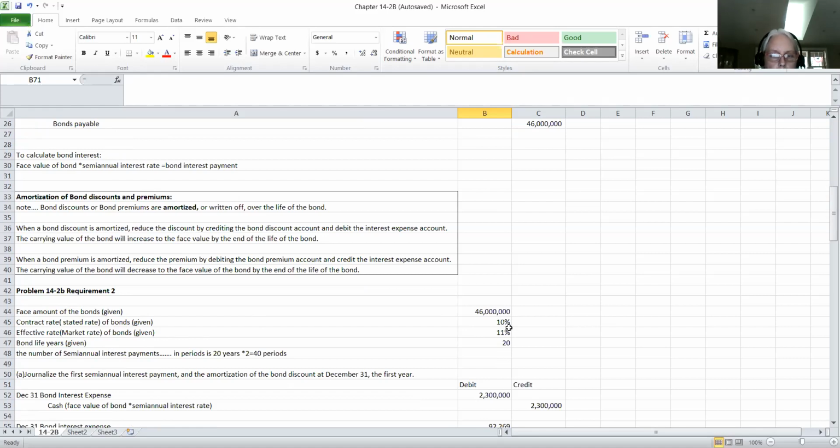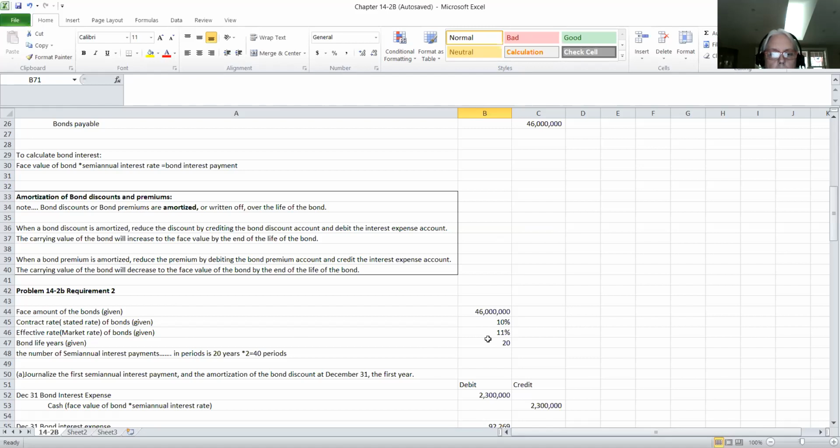That's the annual rate. We're going to have to convert that to a semi-annual rate because we're actually going to pay bond interest semi-annually. So you'll remember that we talked about converting this to 5% because that would be the semi-annual rate in this instance for this particular problem. The effective rate of interest, or the market rate of interest, was 11%.